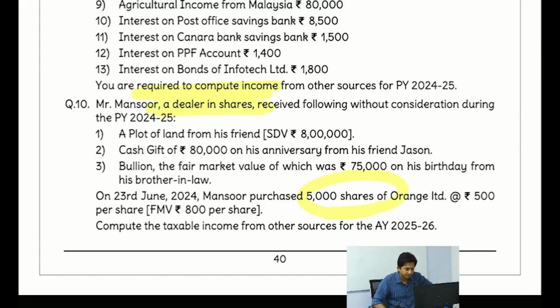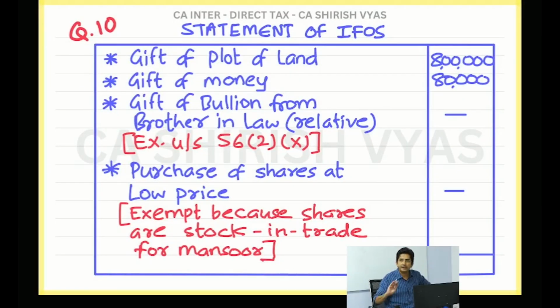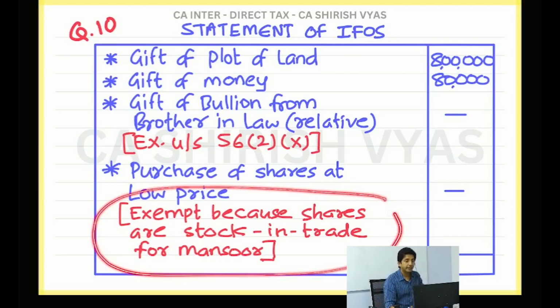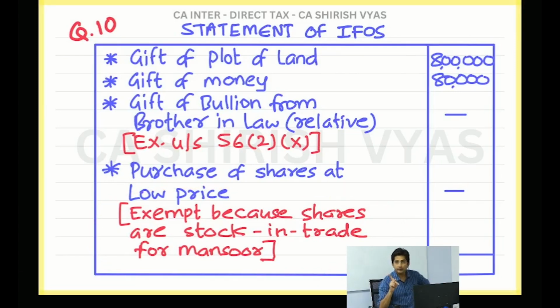Okay. See, I am following one standard language. For free items I am writing gift of, and for low price I am writing purchase of so and so. So see here what I have written, purchase of shares at low price. In bracket what I have written? See, everywhere you have to give the reasoning, especially where you are putting dash.